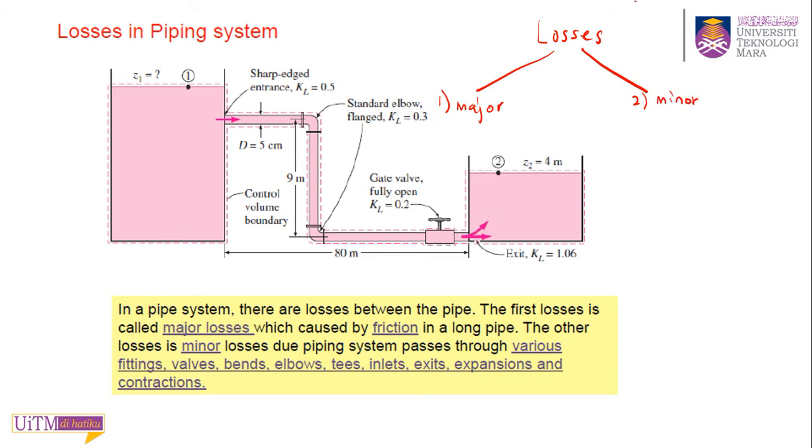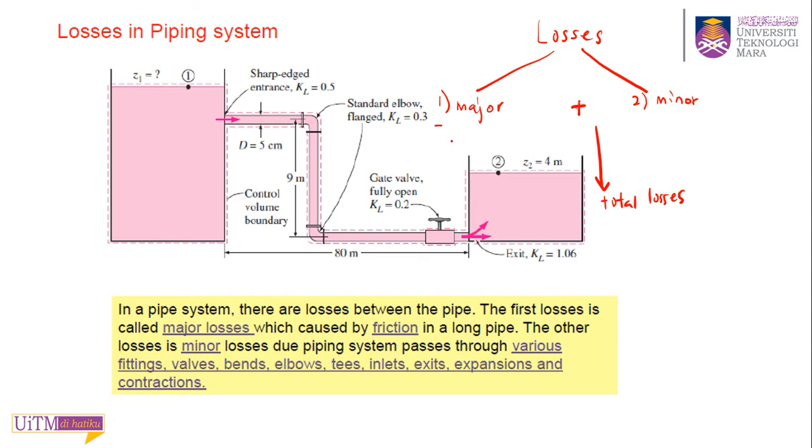The summation of these two losses will give you the total loss in a piping system. So what is major loss and what is minor loss? That's what we are going to learn today, and how we can calculate that.